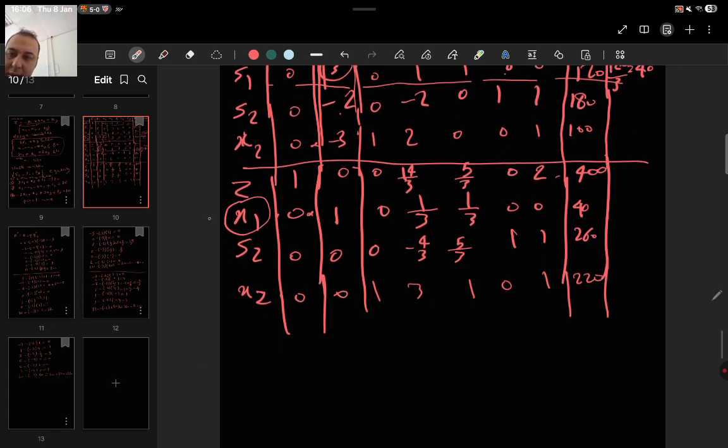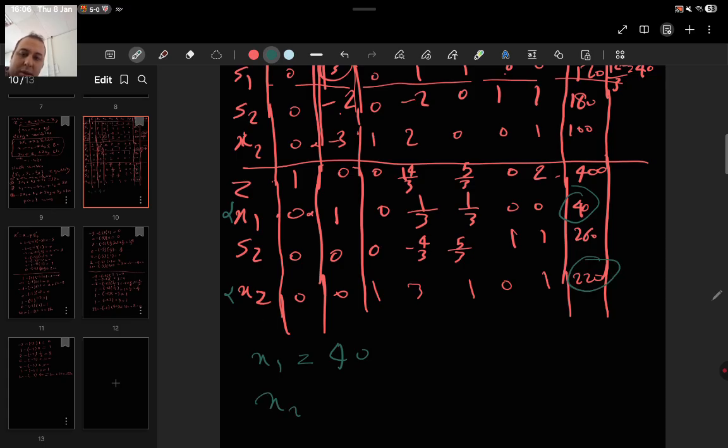Okay, how to find the answer? Look at this. These two: x1 equals what? Right side 40. x2 equals what?